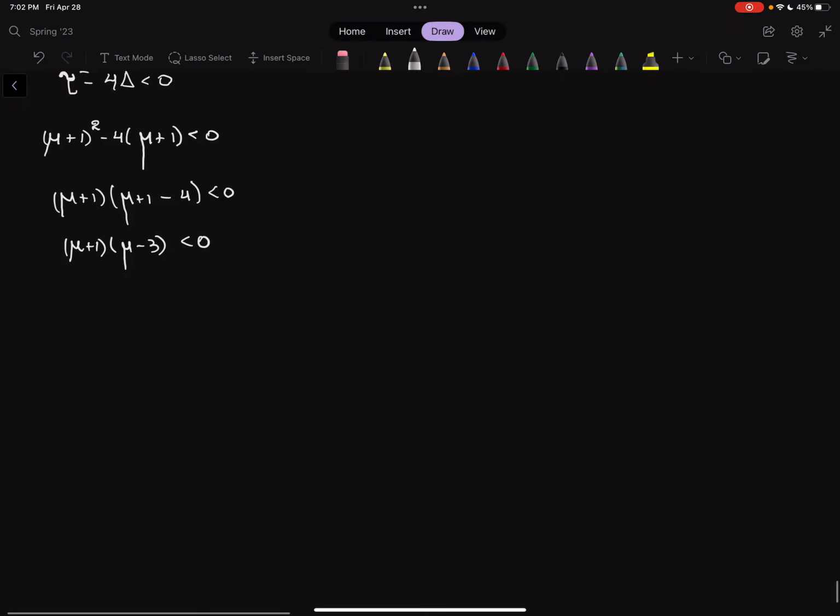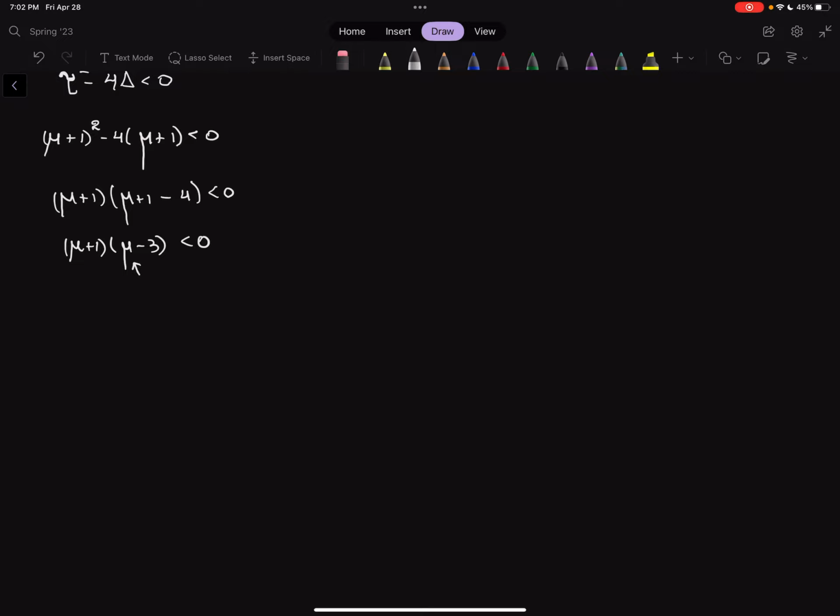So how can this happen? Well, if this is less than, what? Less than negative 3, then this is going to be surely negative, and this will also be negative. So that's not good.